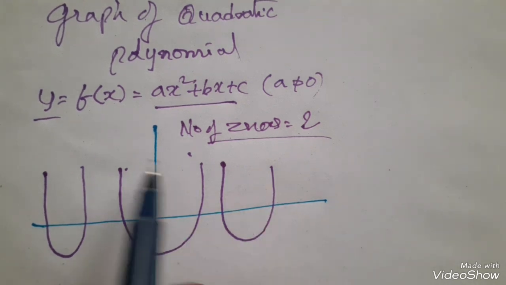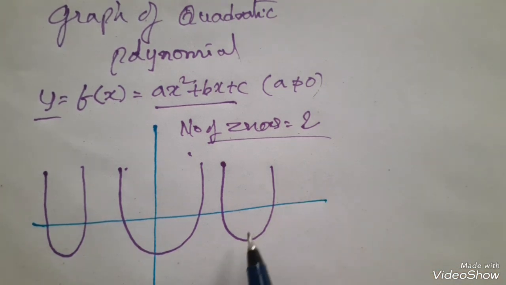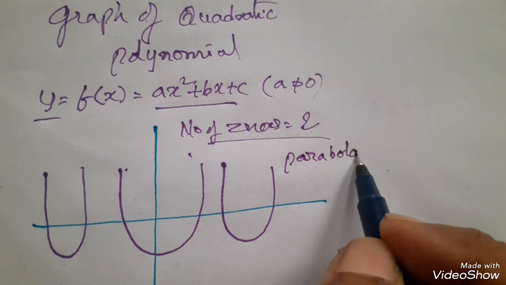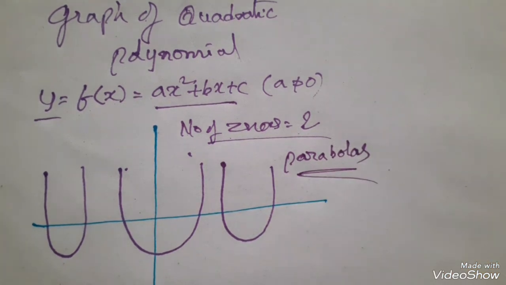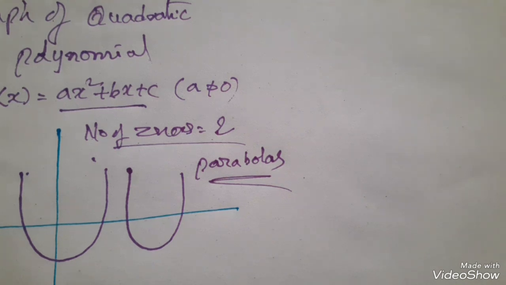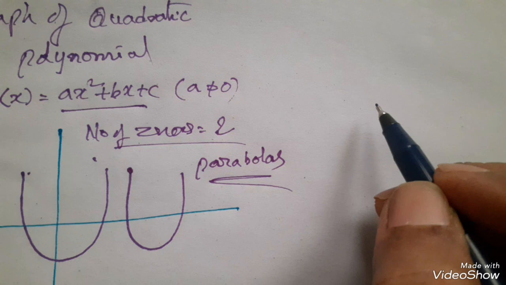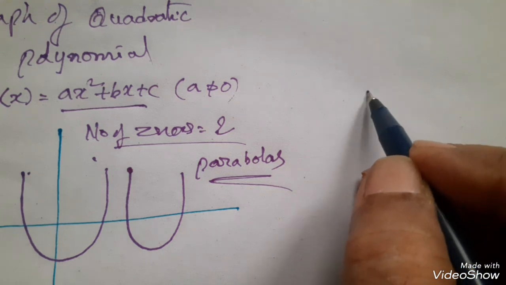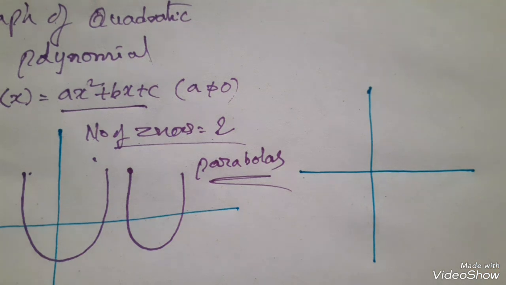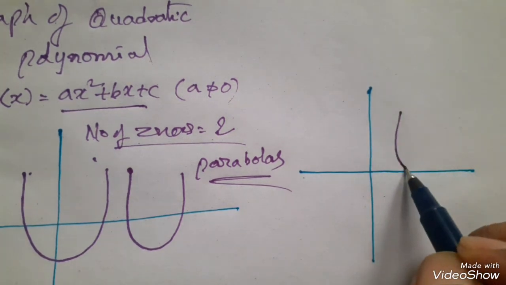So usually the graphs of quadratic polynomials are called parabolas. They are called parabolas. So when the two zeros are equal, then the graph of the quadratic polynomial we get like this.